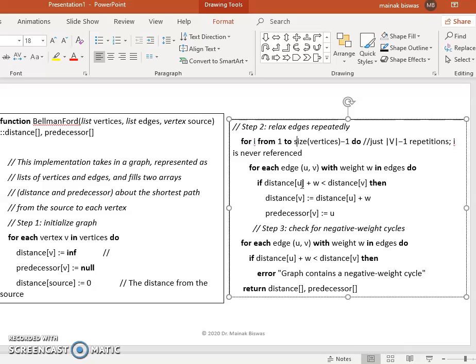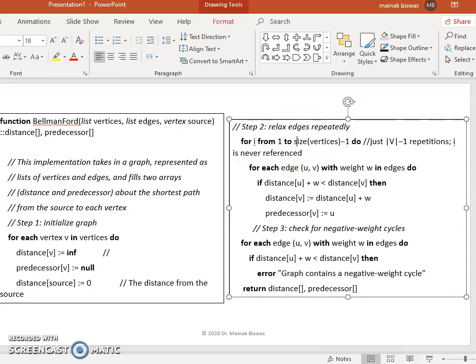In this way, the algorithm works repeatedly for vertices minus 1 times, and it stabilizes the distances of all the vertices.